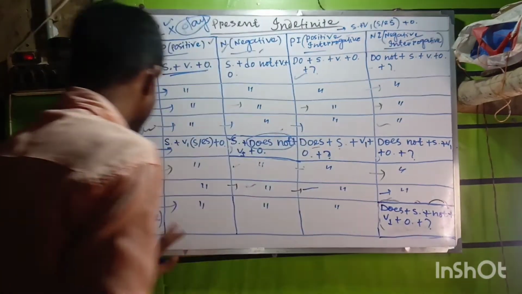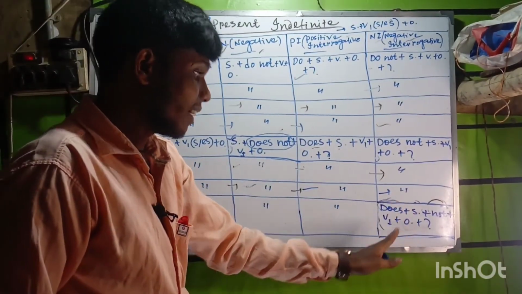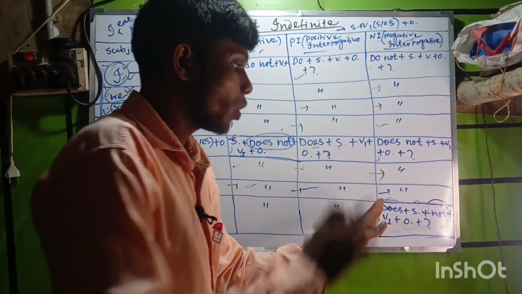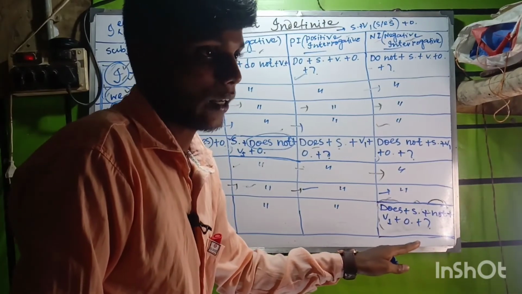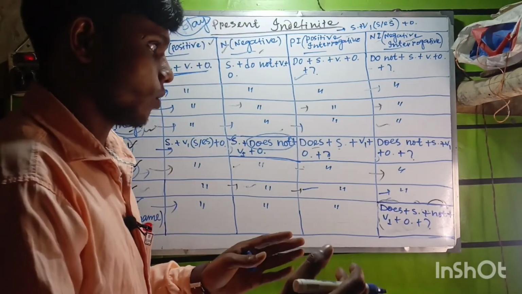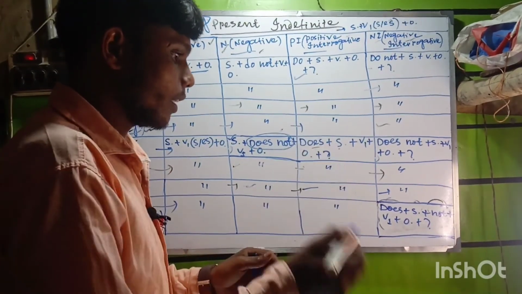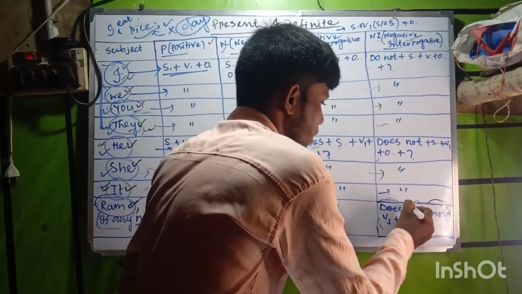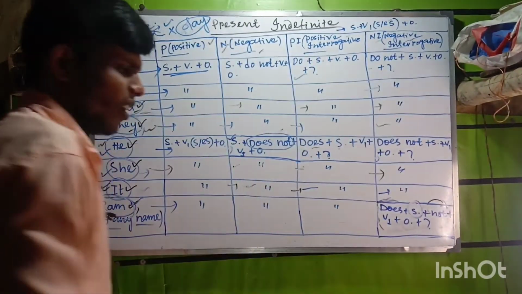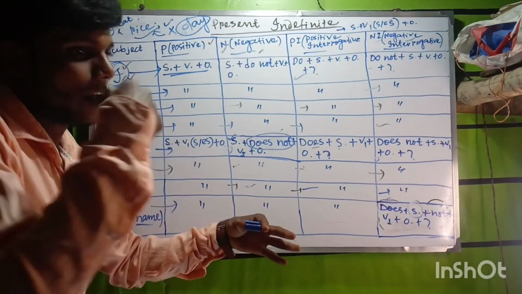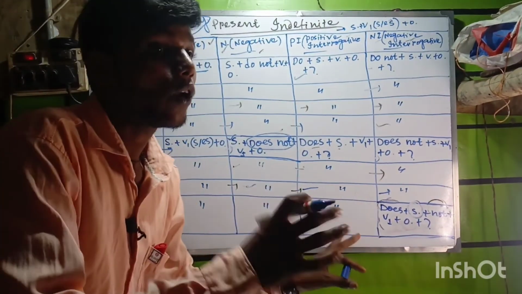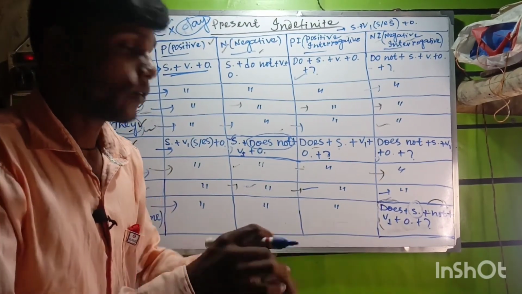Because when we put down Ram, the does is put down not after the subject. Does and not, in its middle position, the subject is there. So, does Ram not play? If I extend, does Ram not play table tennis?